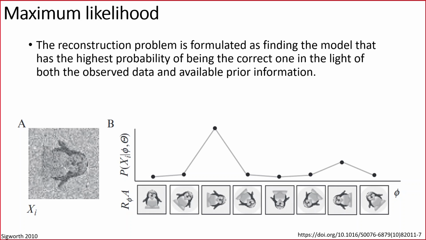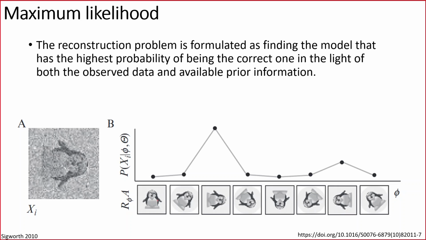So in maximum likelihood reconstruction and refinement, we are actually looking for a model that will describe our data the best. Here we can see a measured, noisy image of a penguin. And here we have a nice penguin as a model, and we are looking for the correct orientation of this model that will best represent our measured data.